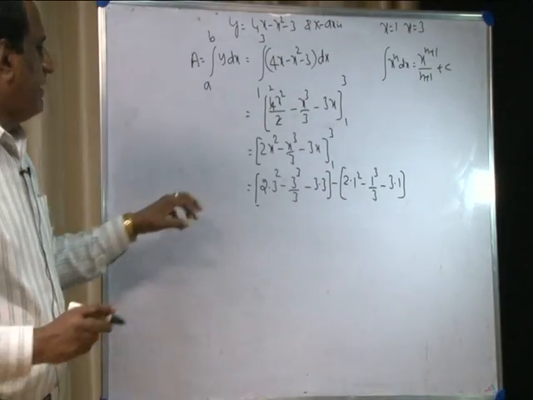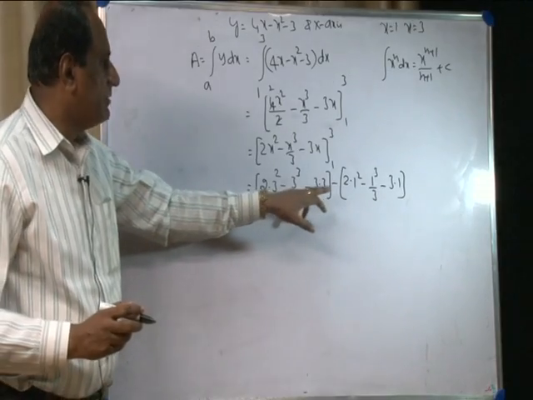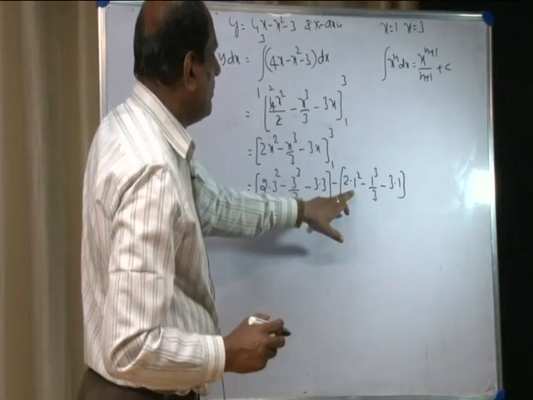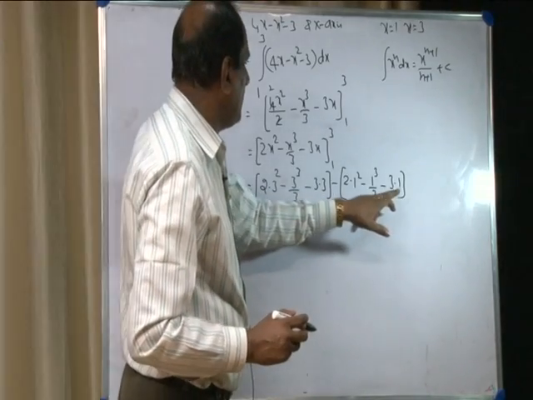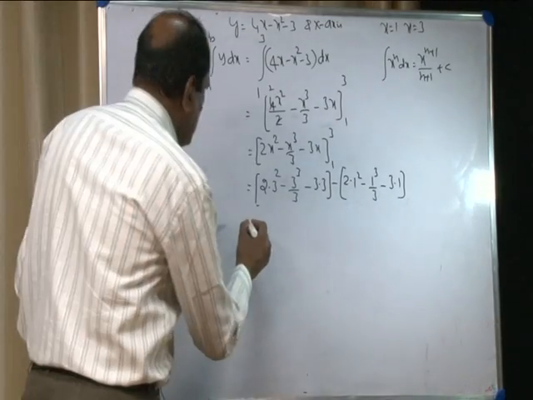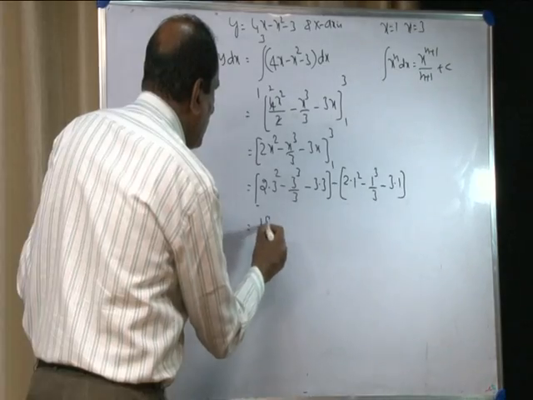So, the upper limit is 2 into 3 square minus 3 cube by 3 minus 3 into 3, minus the lower limit, 2 into 1 square minus 1 by 3 minus 3 into 1, closing the second bracket. So, this is equal to 2 into 3 square, which is 9 into 2, 18.